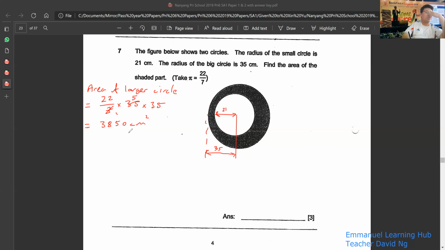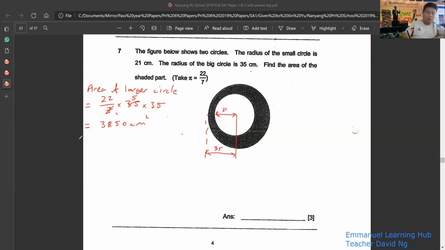Okay, you press calculator, you have this. Okay, that's the area of the large circle. Area of the large circle means this whole thing, which includes the area of the smaller circle, right?